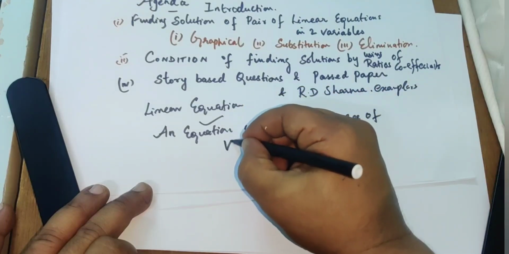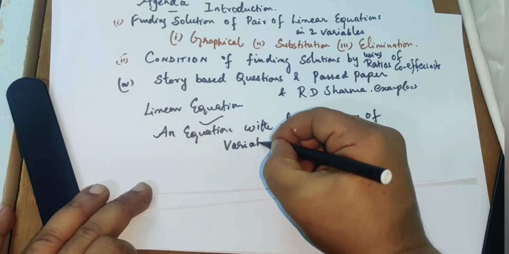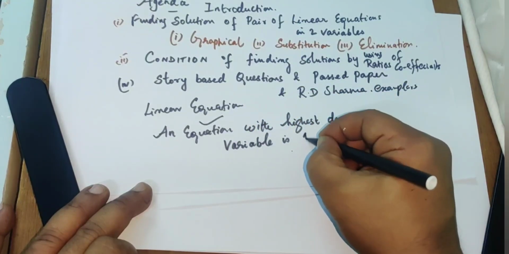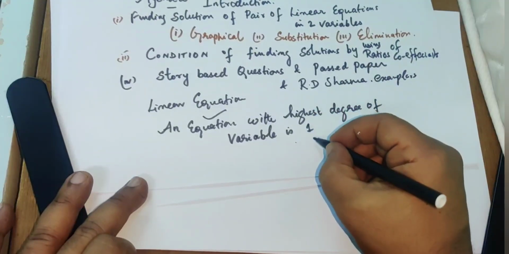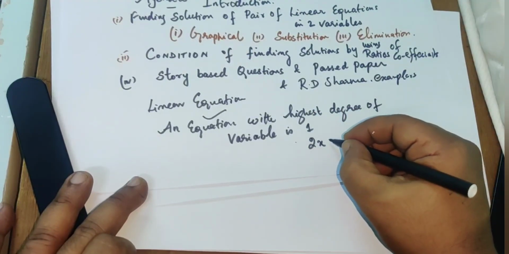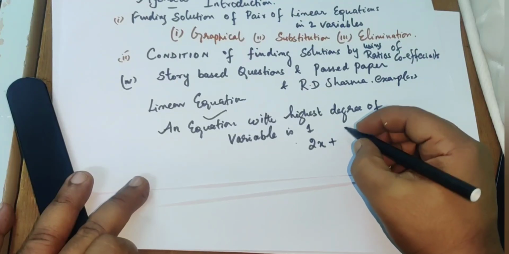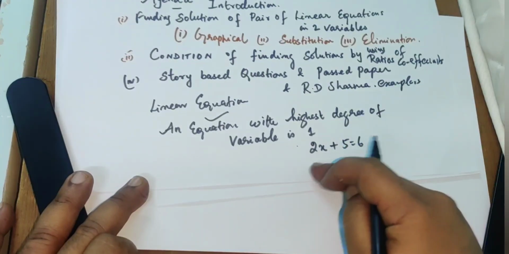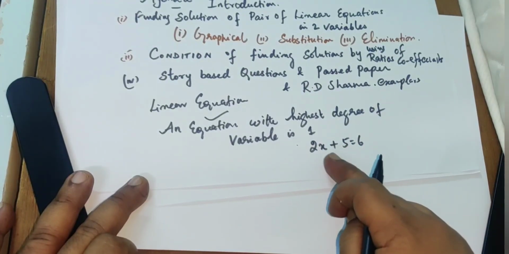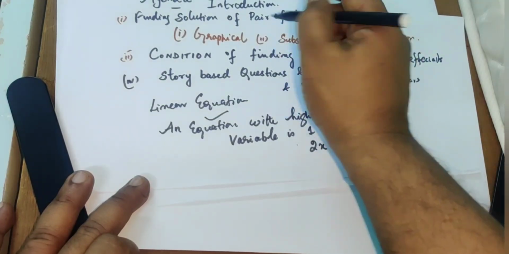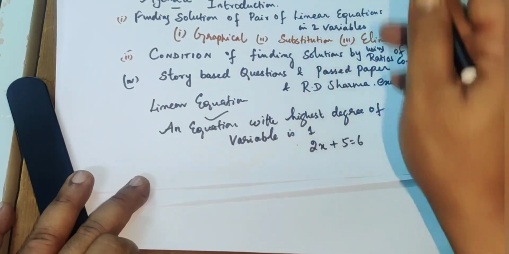For example, 2x plus 5 is equal to 6. This is also linear equation, but one variable. But we are going to be discussing pair of linear equation in two variables.